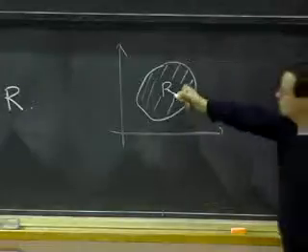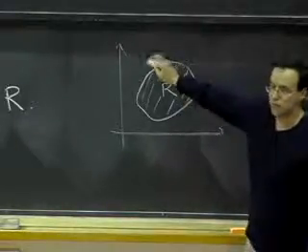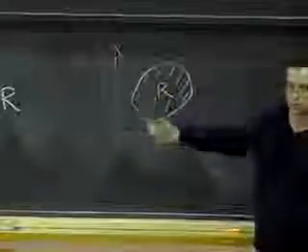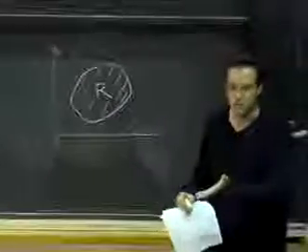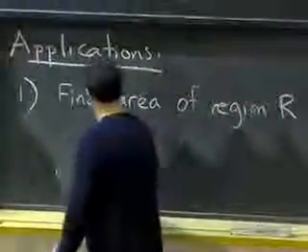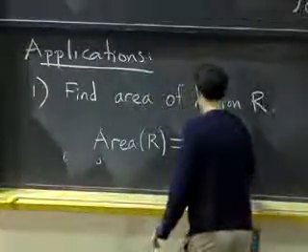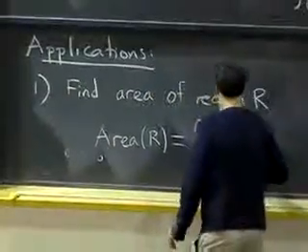So how do you express the area as a double integral? Well, the area of this region is the sum of the areas of all the little pieces. So it means you want to sum one dA over the entire region. Okay, so the area of R is the double integral over R of the function 1.